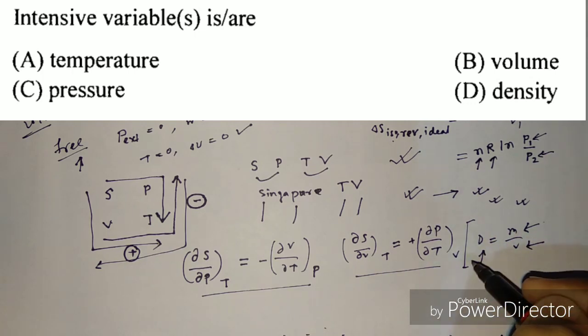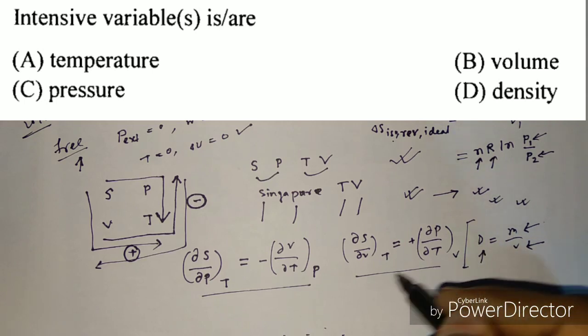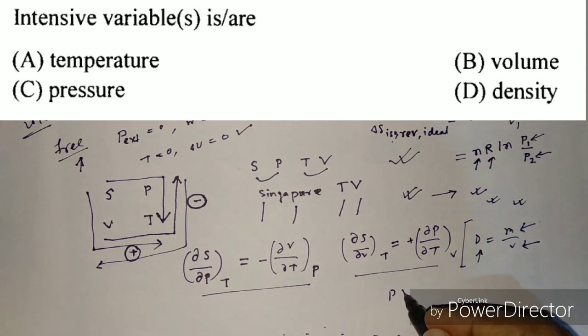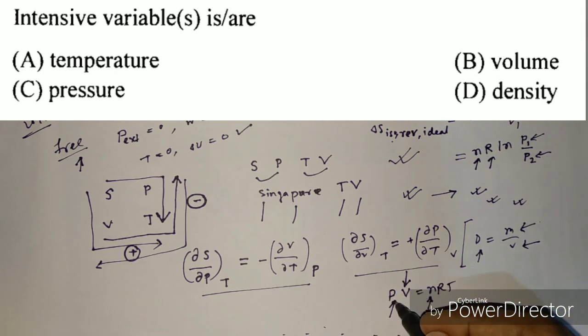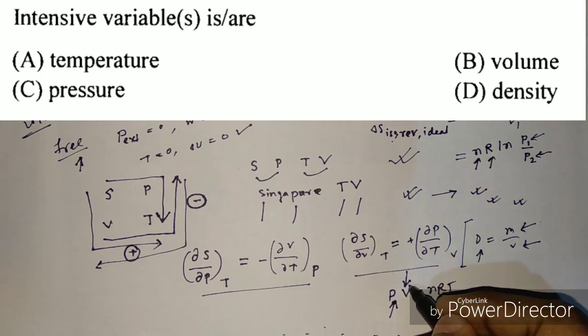And you may ask why pressure is intensive, because you know the relation, and you may think that pressure is dependent on n, but here is a trick. If volume is constant, then pressure is dependent on mass. So if volume is constant, then pressure is extensive.